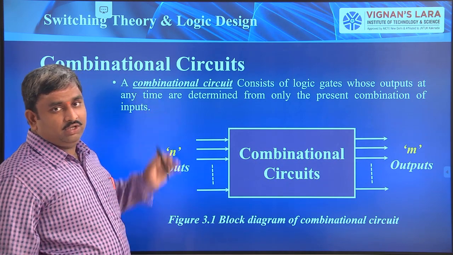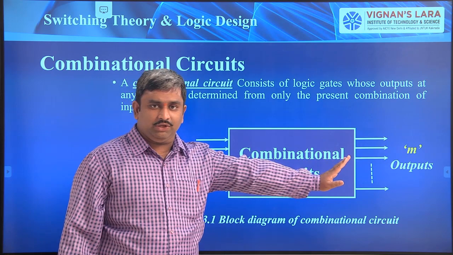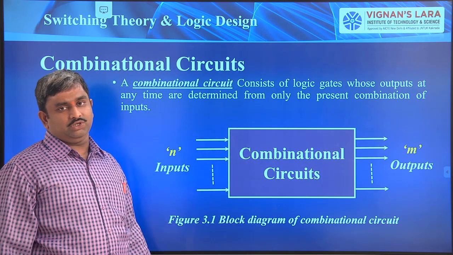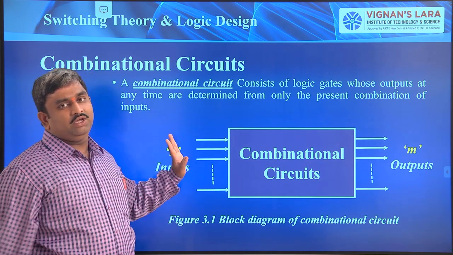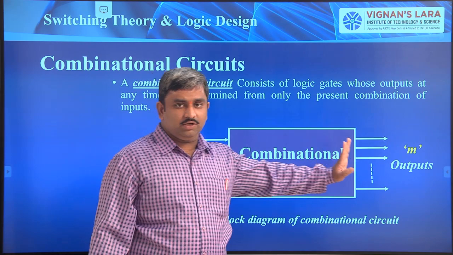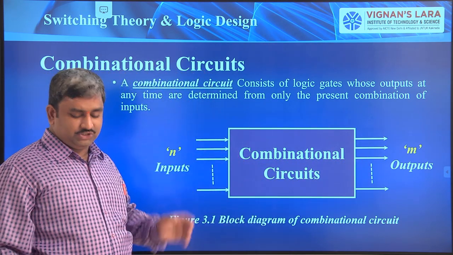You have to simply remember that the output of a combinational circuit depends upon the present state of the inputs only. The present state of the inputs decides the present output. So this is the combinational circuit.